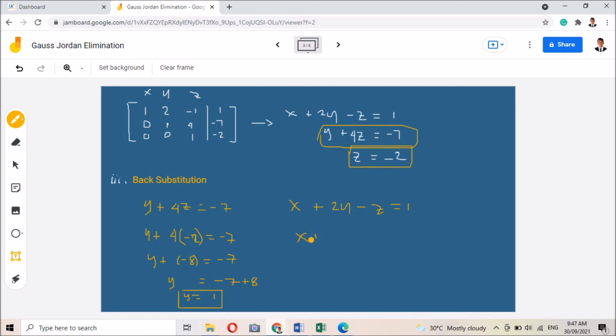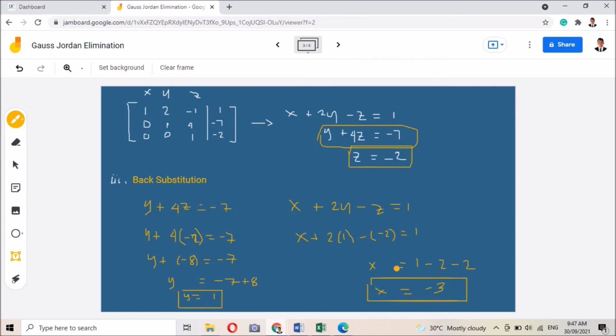That will give us x plus 2 times 1 minus negative 2 equals positive 1, and that will give us x equals 1 minus 2 minus 2. So then that will give us x equals negative 3. That will be the value of our x, y, and z.